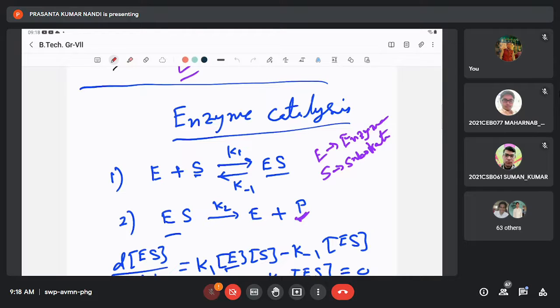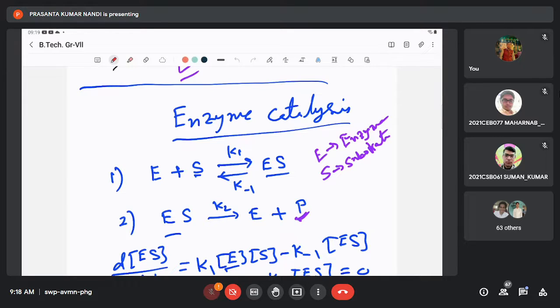That is, depending on the nature of the substrate and the enzyme, it has specific relative magnitudes of these rate constants K1 and K inverse 1. That's one. The second step is this intermediate species decomposes to produce the desired product, maybe one or more than one product, with the release of the enzyme itself.